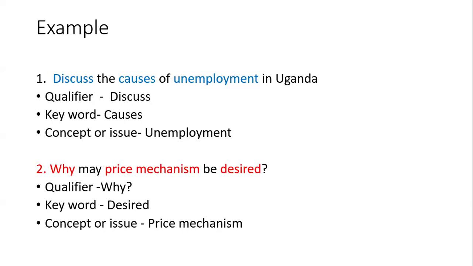Let us not only focus on stating the point, ignorance of the public about the available job opportunities, or poor education system that trains job seekers than creators. You have to go on and show how the poor education system Uganda has makes people unemployed. So we focus on the qualifying word, the real cause of the unemployment, and then you relate it to it.